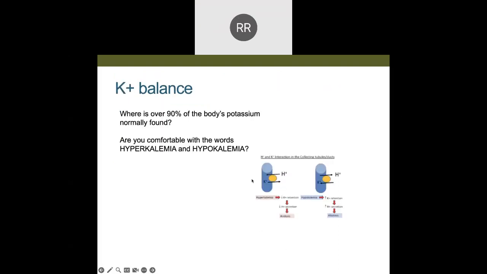Potassium balance. Here, same thing. Hyperkalemia, high potassium, hypokalemia. It's an inverse relationship when you talk about the kidneys. As hydrogen comes back into the kidneys, potassium goes out, and vice versa. If we're peeing out hydrogen ion, then potassium comes back into the, I think they're doing collecting tubules here.